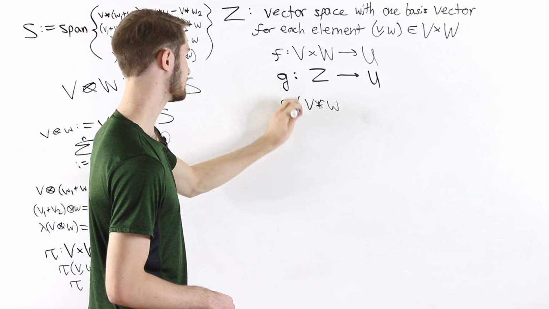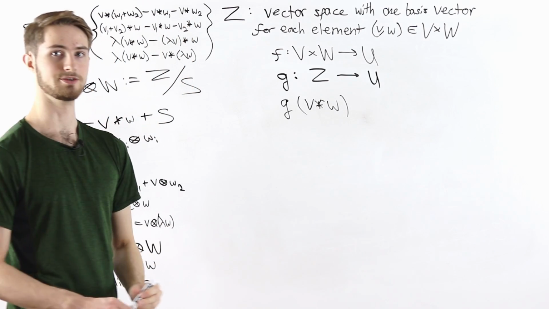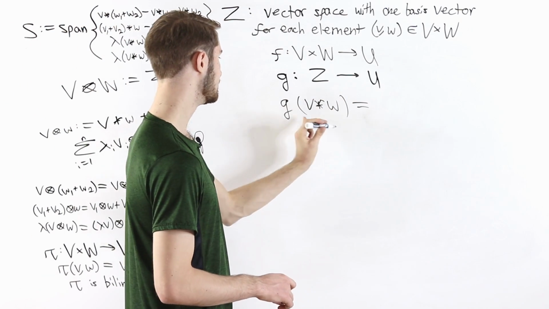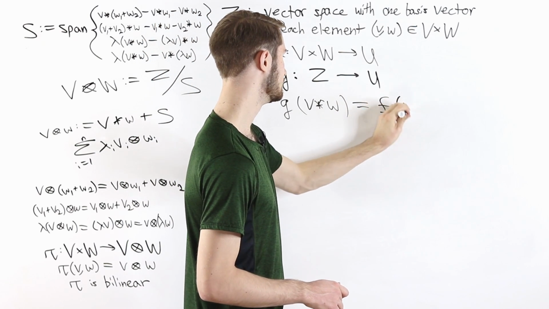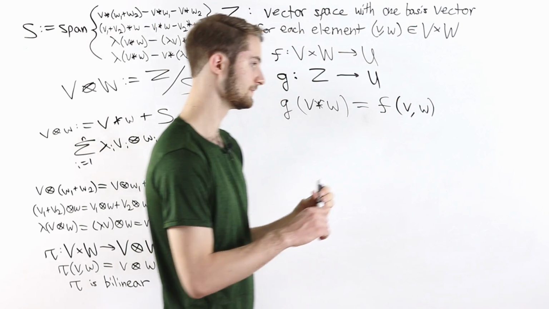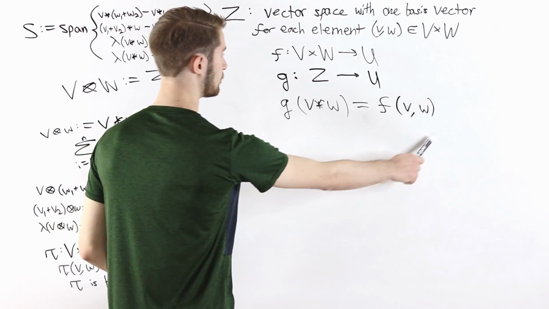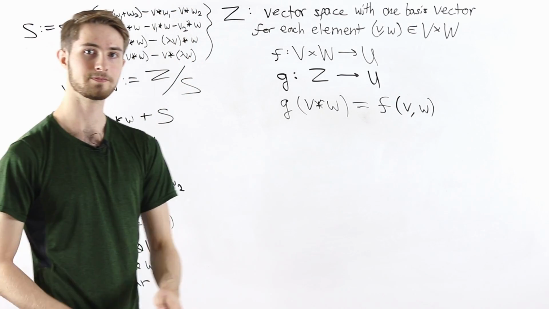So let's first ask, what should g of v star w be? Well, the most obvious definition here would be that g of v star w is just equal to f of (v, w). So for any basis vector, we take this v and w, we get the ordered pair, and we plug that into f.